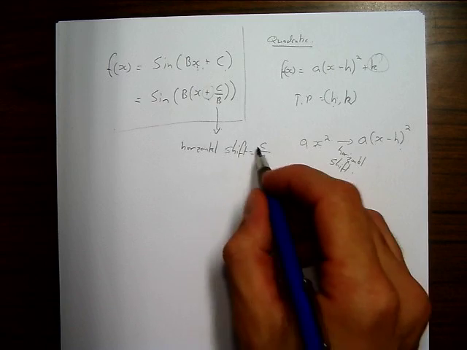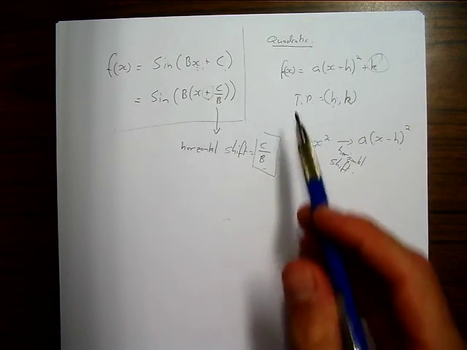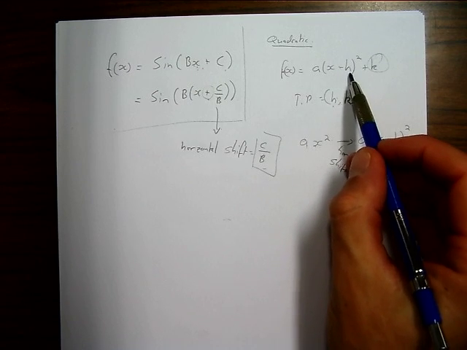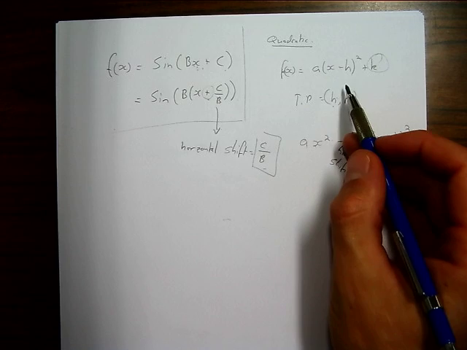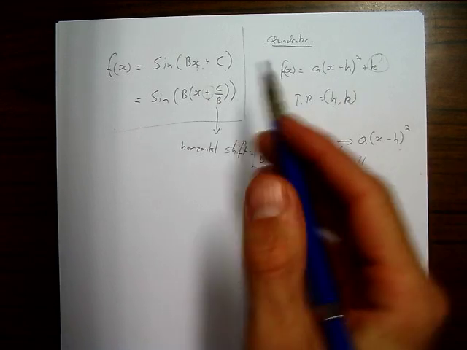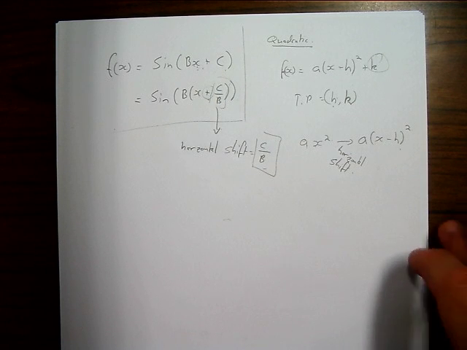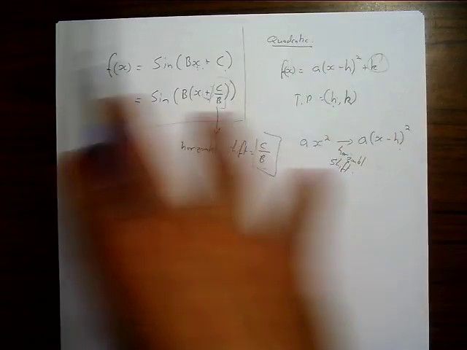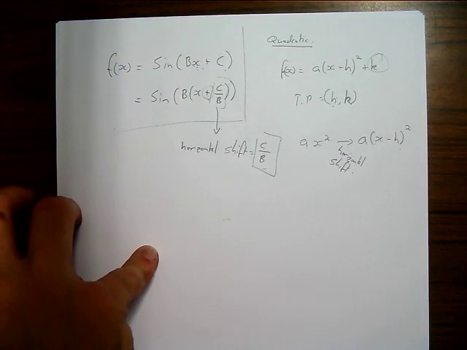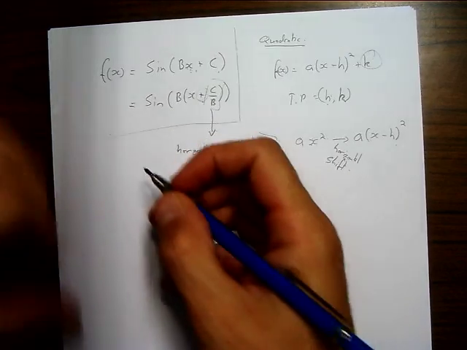The thing you need to remember is that in the quadratic, the turning point formula is giving us an x value. Whereas here, that's giving us a phase shift, which is not a turning point or any important point; it's really every point that's shifting back. So we just have to remember that.